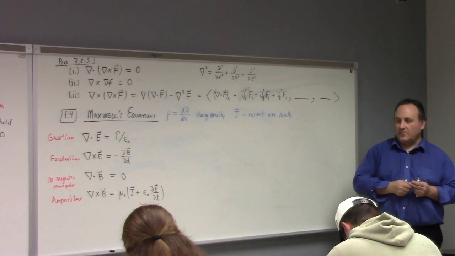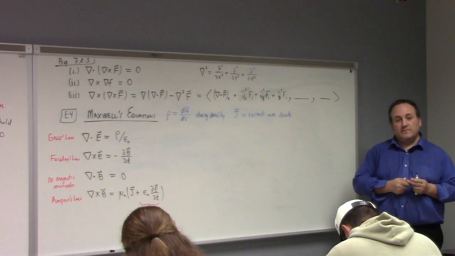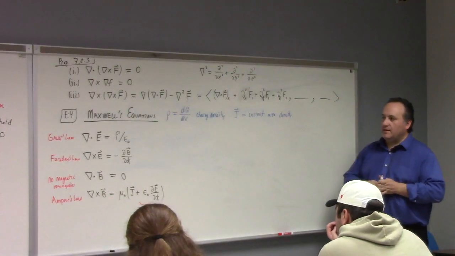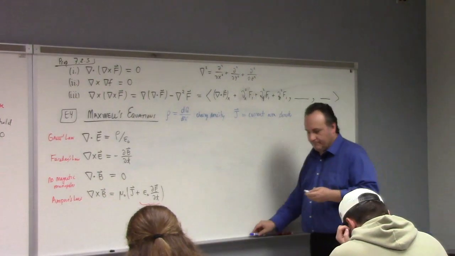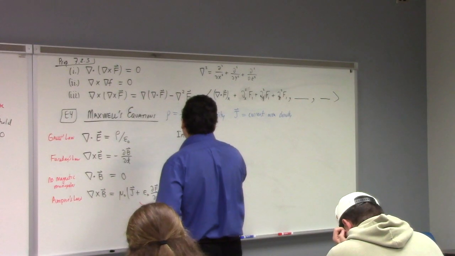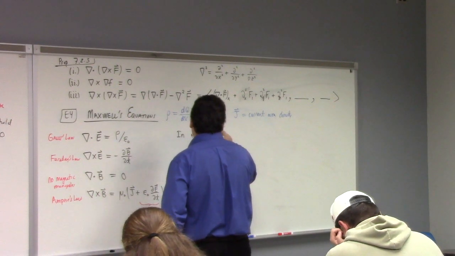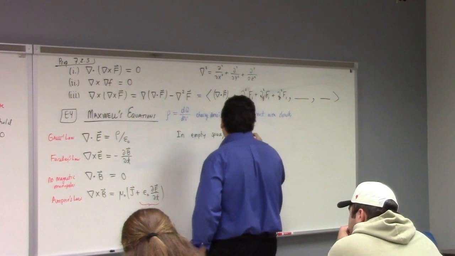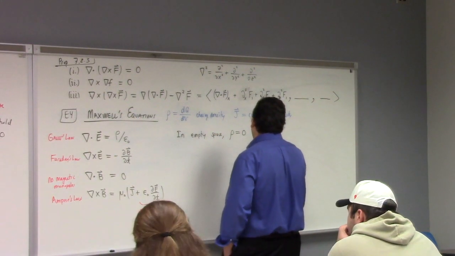Now, let's think about these equations in empty space. In empty space, the charge density is 0, and the current density is also 0.